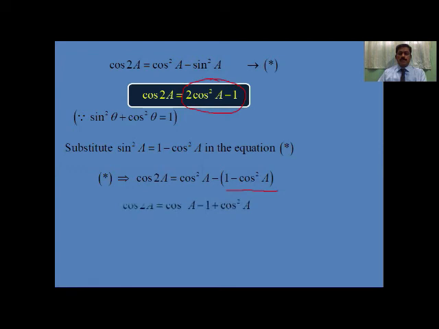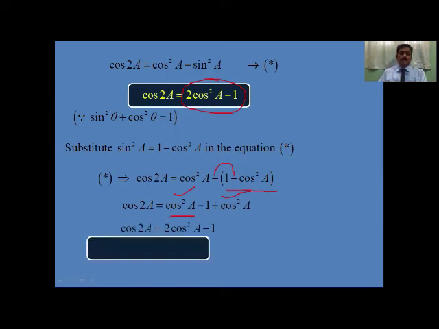The next step, cos²A − 1 + cos²A. If you observe, these two terms are the same, so we can add and write 2 times cos²A − 1. So therefore, our formula is cos 2A = 2cos²A − 1.